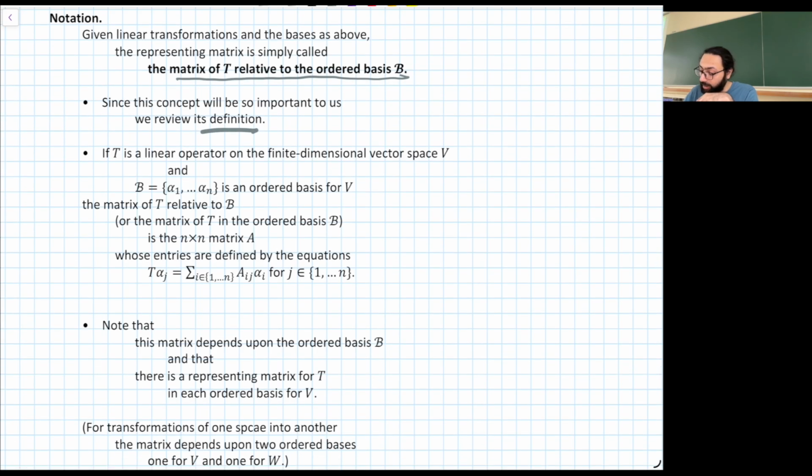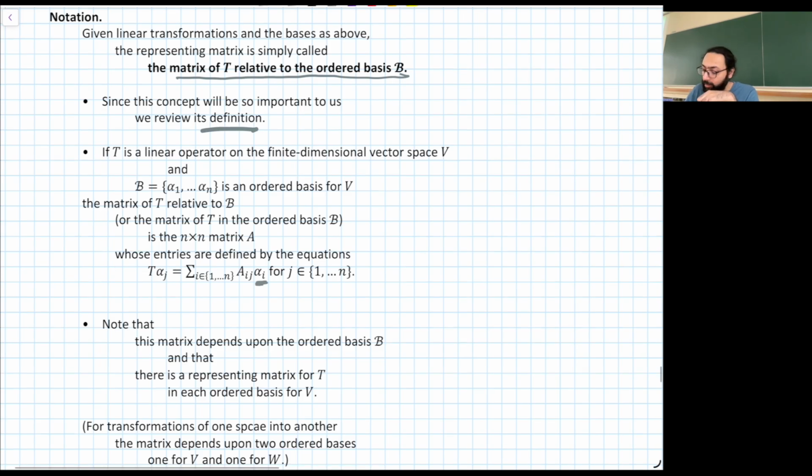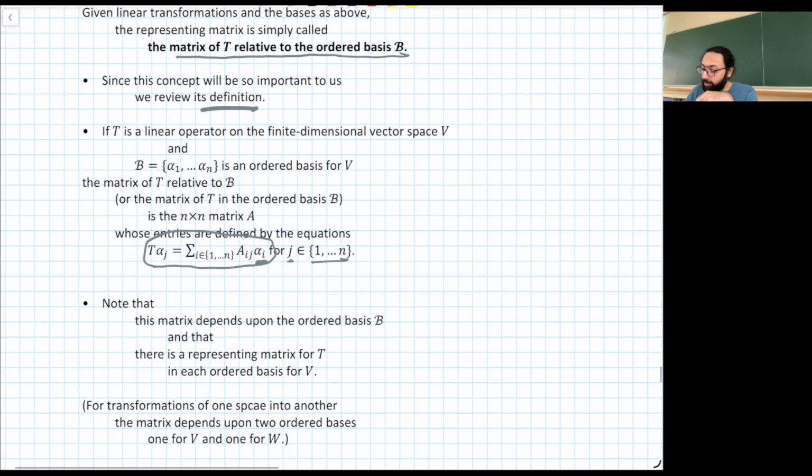So instead of betas here, we are going to have alphas again. It's exactly the same definition, and j goes from 1 to n, because the numbers are the same. So for every T, there would be an n cross n matrix.